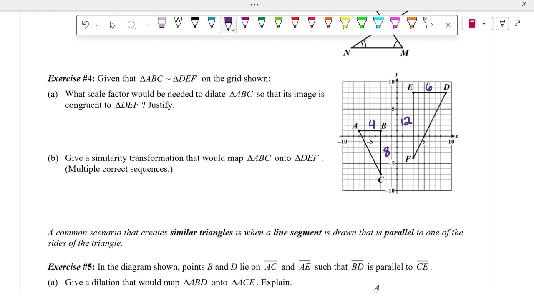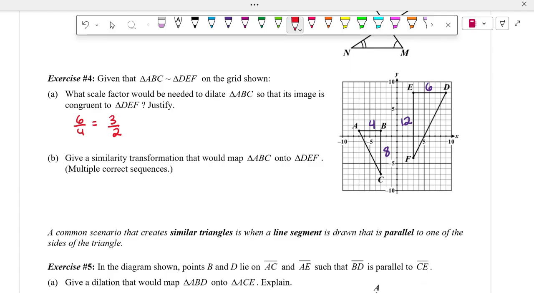So, for example, what's two sets of corresponding sides here? 4 and 6. Now, since we're doing dilations, I have to do new divided by old. So I'm going to do 6 over 4. So if I simplify that down, what is that? 3/2.